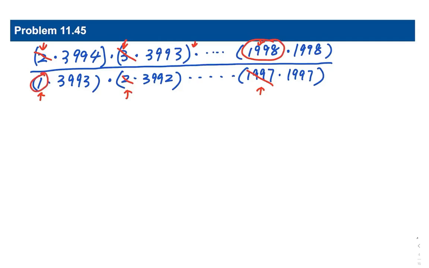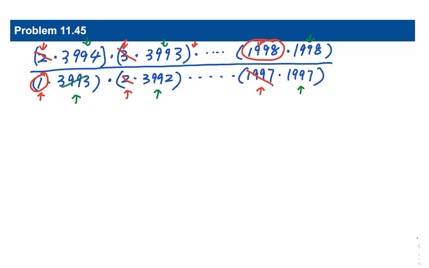Then let's look at the second factor inside each parenthesis: 3994, 3993, and decrease by 1 each step. In the end, 1998. And the denominator, 3993, 3992, and then 1997.